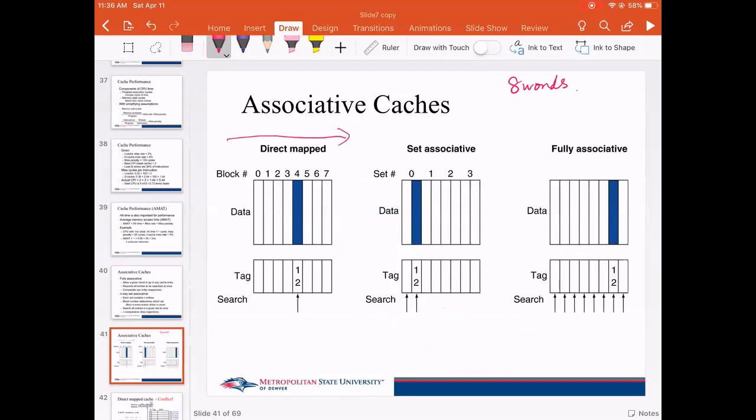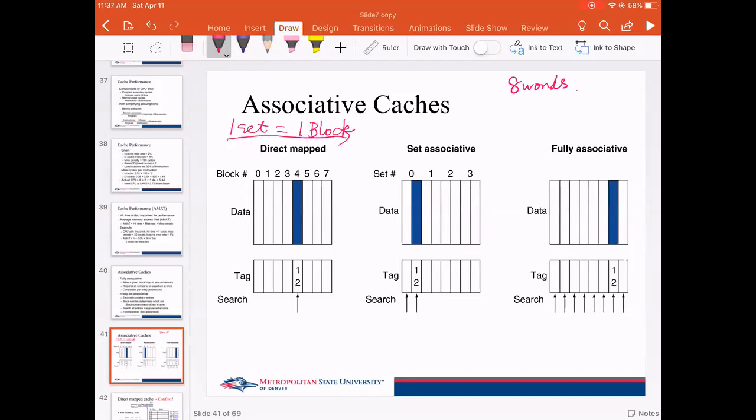You will have 8 different rows, and each row is called one set, or one block. Each row, each set, only has one block. So one set equals one block. And this is what we did in all the previous examples.